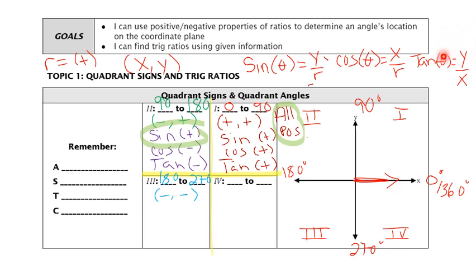And tangent would be y over x. So you'd have a negative over a negative, which would be a positive. So in quadrant 3, we actually get tangent to be the only one that's positive. So we would have sine negative, cosine negative, tangent positive. So the only one that would be positive in that one is tangent.